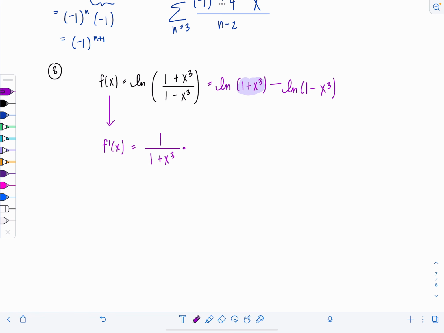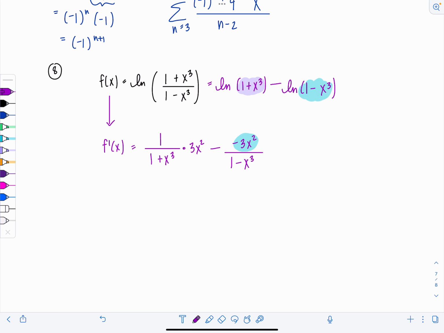In this case, the derivative of 1 + x cubed is 3x squared. Minus the derivative of the other term is going to be similar: 1 over (1 - x cubed) times negative 3x squared. That's the derivative of the inside.